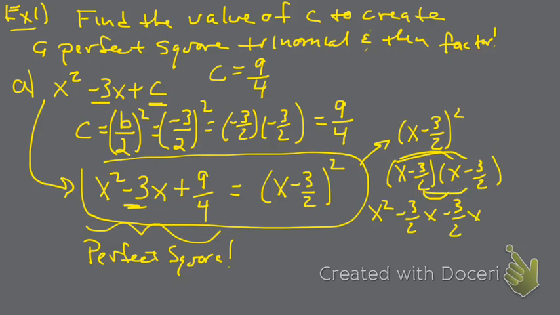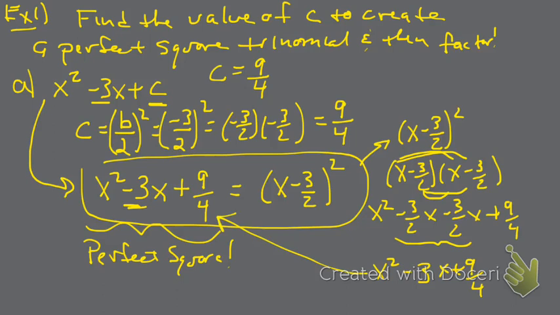And then if you multiply the last terms together, there you get your positive 9/4. And if you combine these guys, because they have the same denominator and they're like terms, I'm going to end up with -6/2x plus 9/4. By the way, -6/2, isn't that really just the number -3? And that matches the original.